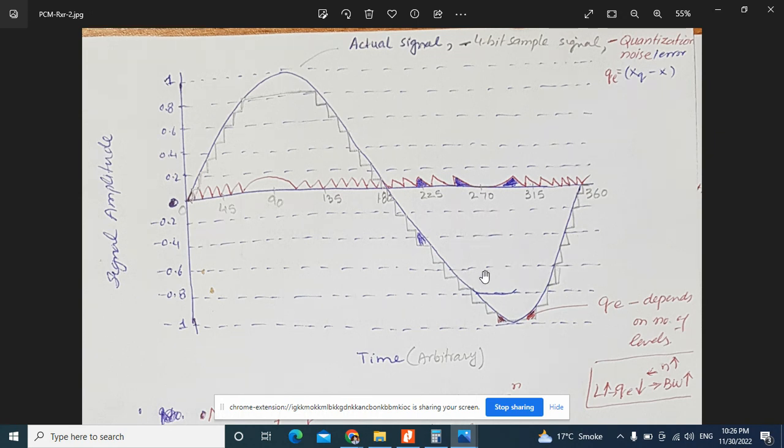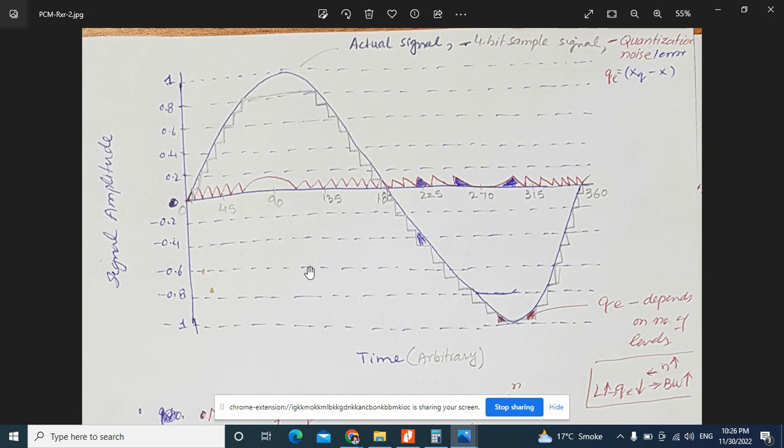The error also depends on the number of levels that you have. So if you want to minimize the error, you can increase the level. If you increase the level, it means that level also depends on the number of bits, because we know level is equal to 2 raised to power n. So if you increase L, you also need to increase n.